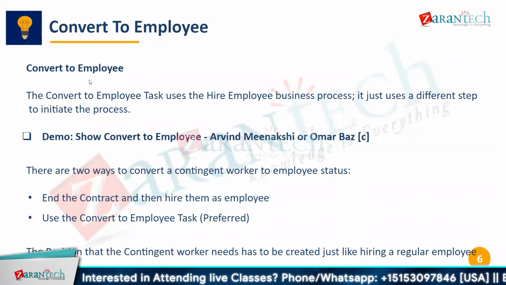So, convert to employee. If you need to convert one of the contractual workers to employee, you can use the Hire Employee business process task. It just uses a different step to initiate the process. So, show convert to employee.